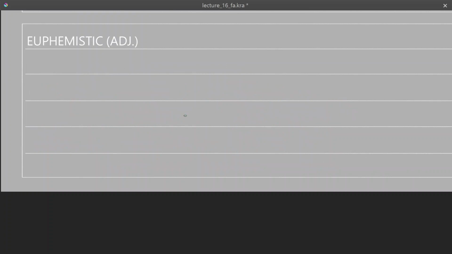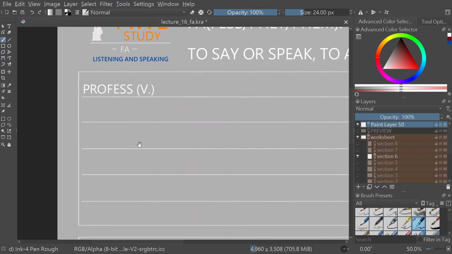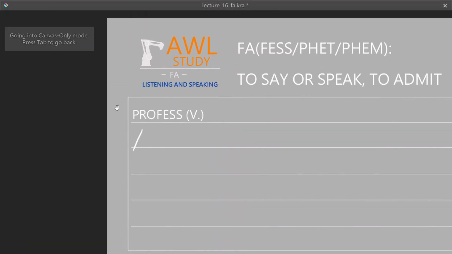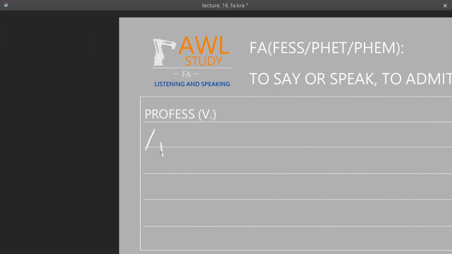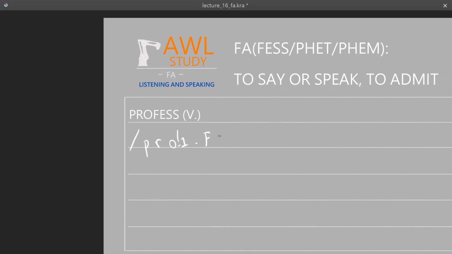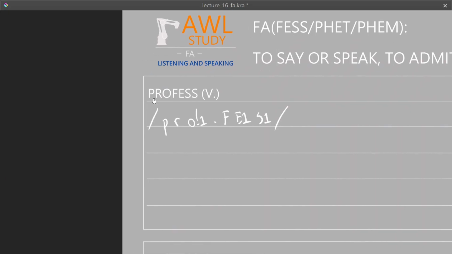All right, next we have profess. The first syllable is pro, the first schwa sound. The S is the first sound of S. So profess.